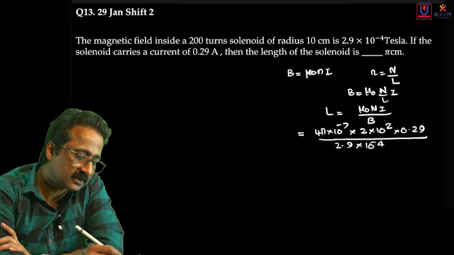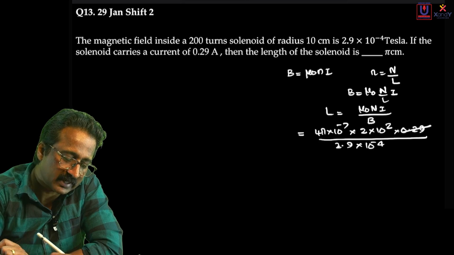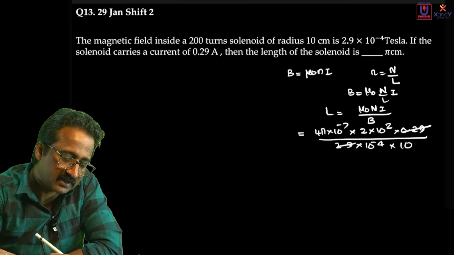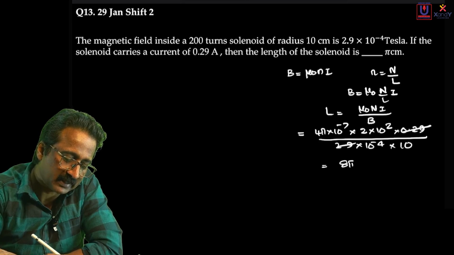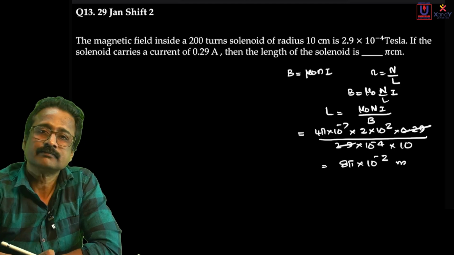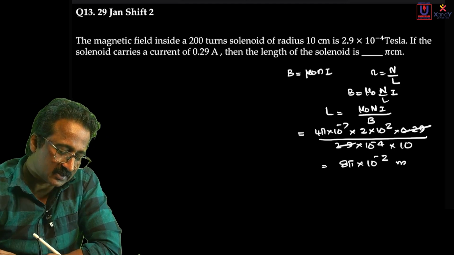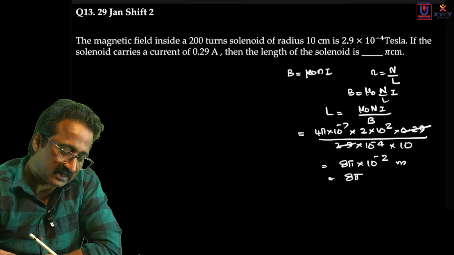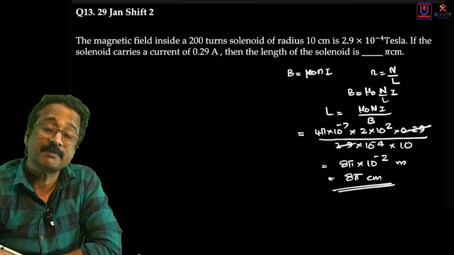Simplify this. 2.9 and 0.29 cancel, giving 10 times, so this becomes 10 raised to minus 3. You have a 10 raised to minus 7 here. Altogether, it's going to be 8 pi into 10 raised to minus 2 meter, which means 8 pi centimeter. So the answer is 8 pi centimeter.